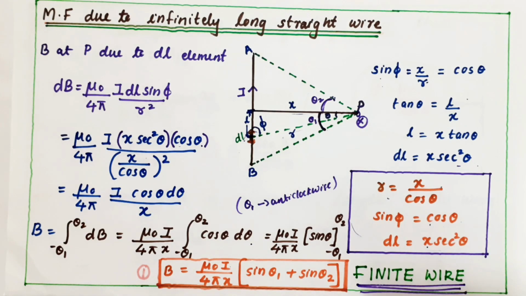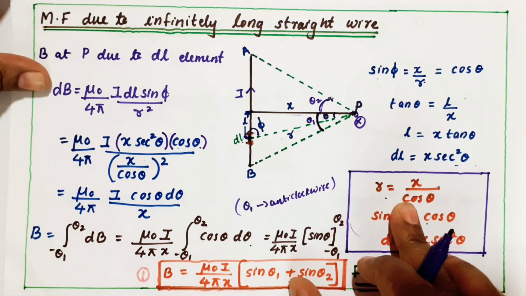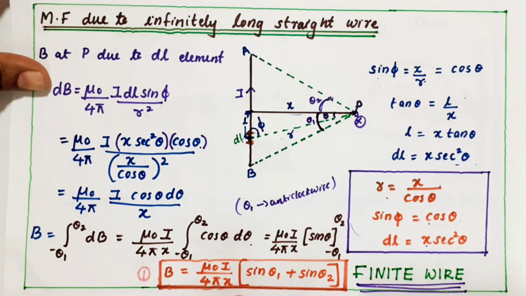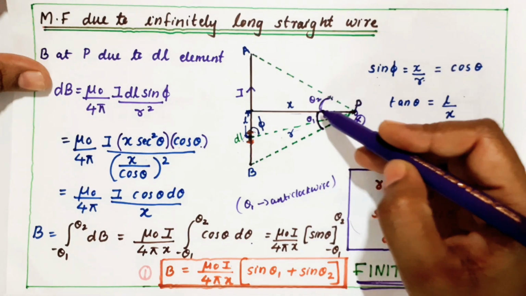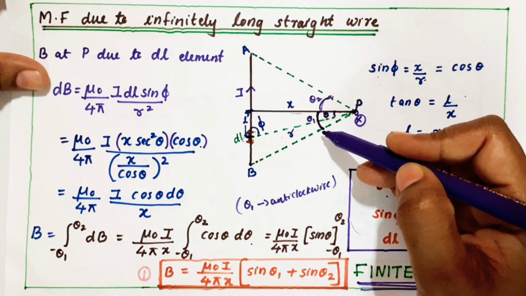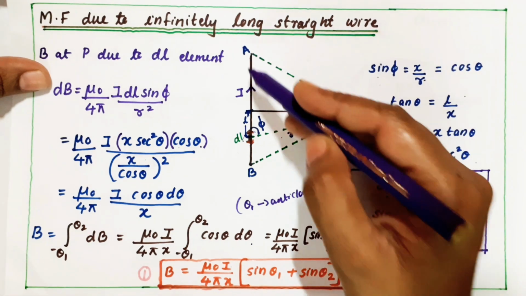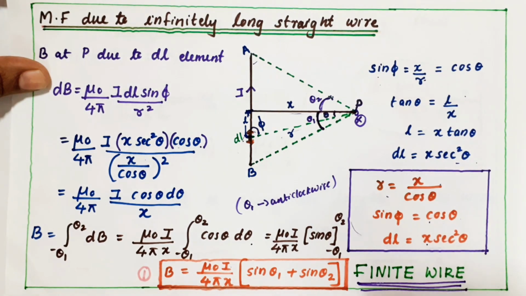So I repeat, we are doing magnetic field due to an infinitely long straight wire. Before that I gave you the equation for the magnetic field due to a finite wire: mu naught I by 4 pi x into sin theta 1 plus sin theta 2. Remember, theta 1 and theta 2 are the angles formed here; we can also write an equation with the angle formed at the other place, so instead of sin, the cos term will come.